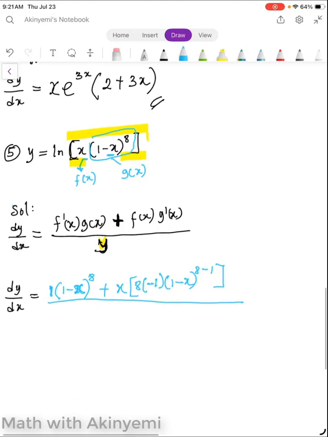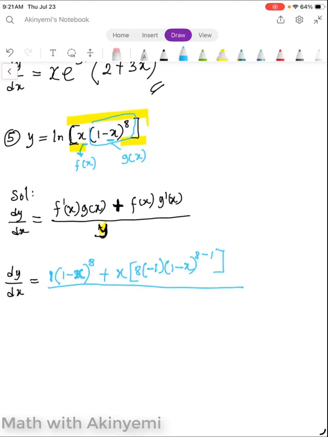all over, this is mixing the log function rule and the product rule, all over x into bracket 1 minus x raised to power 8.